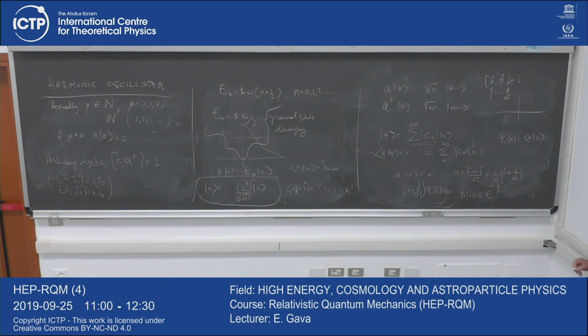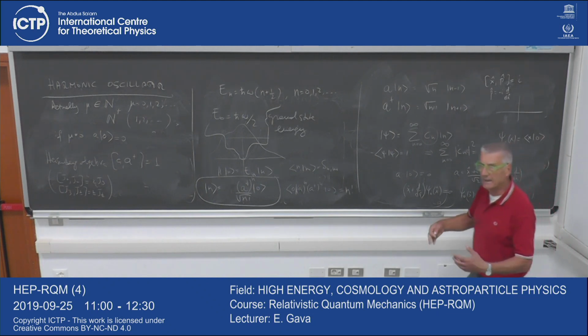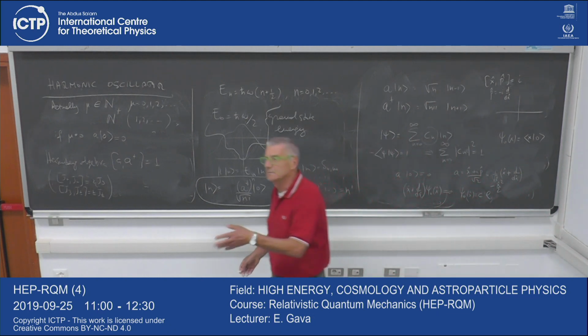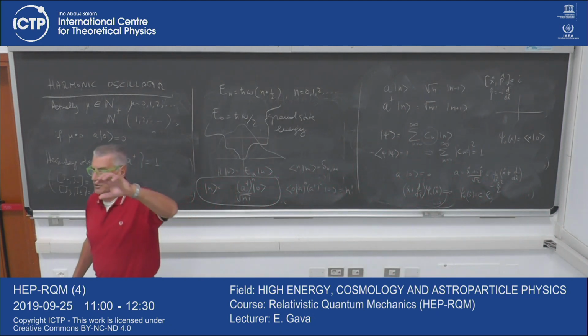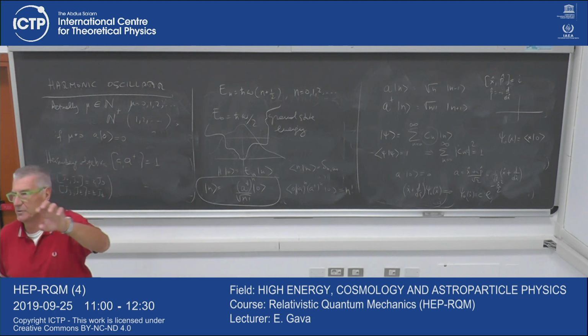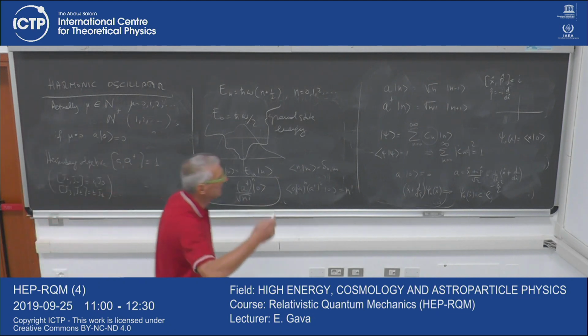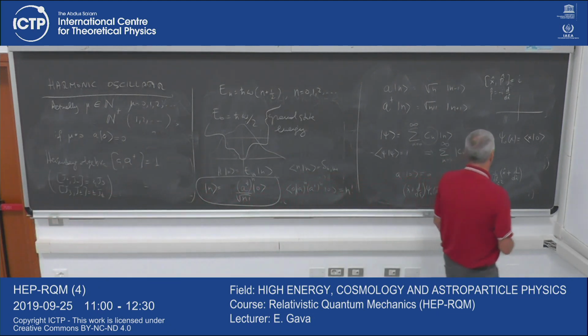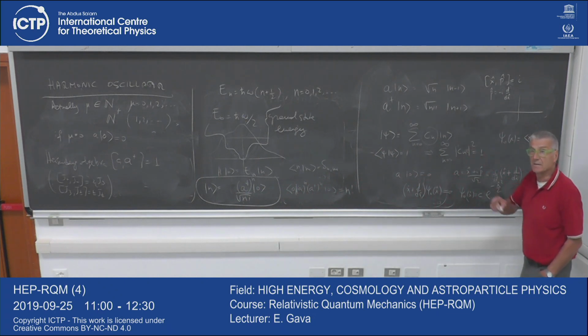Now if you want to go to the physical x, you substitute x hat with the combination of h bar, m, omega times x, and you find the Gaussian in x space, not x hat space.